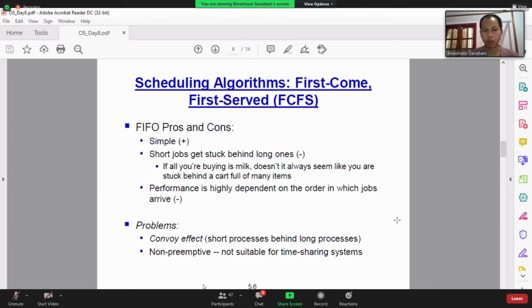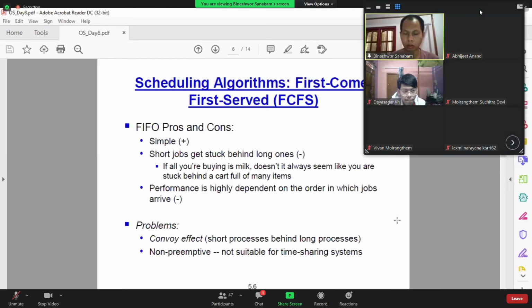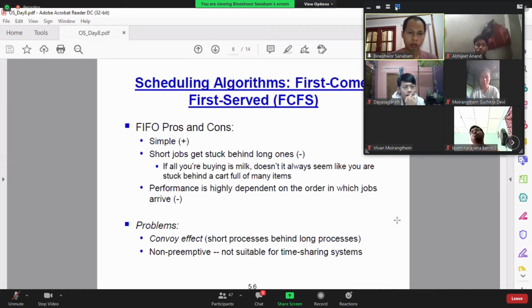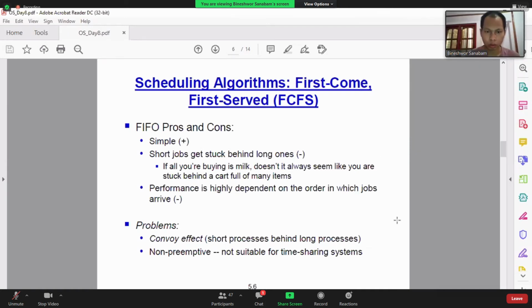So here are a few pros and cons of this first come first serve. The first thing is it is very simple, so it's very easy to implement. And when we talk about the cons, your short jobs get stuck behind long jobs.